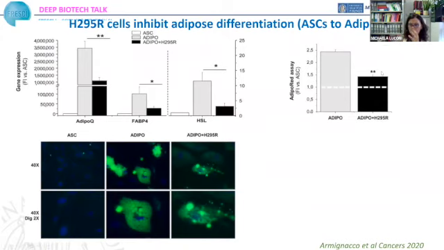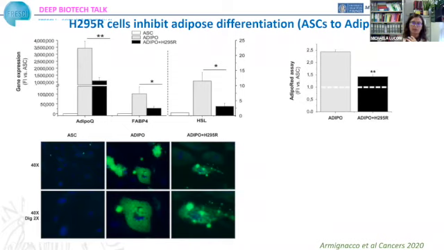And we found that in this condition, the tumor cells inhibited stimulated adipose differentiation from these ASC, as you can see from the decrease in the markers adiponectin, FABP4, and hormone-sensitive lipase, which are markers of the mature adipocytes.